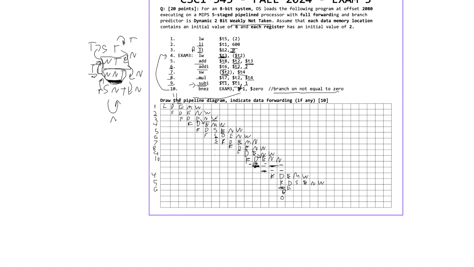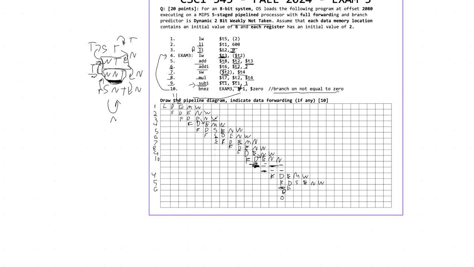We would fetch instruction 4 over here, then instruction 5, and continue on and on. So we wouldn't have these blanks over here. That's what would have happened if we had the taken, and also what's going to happen on the next loop.